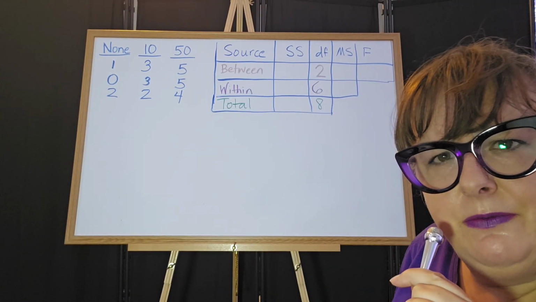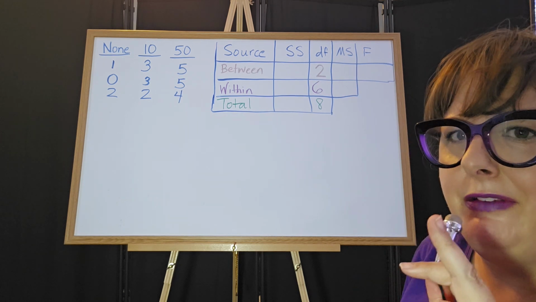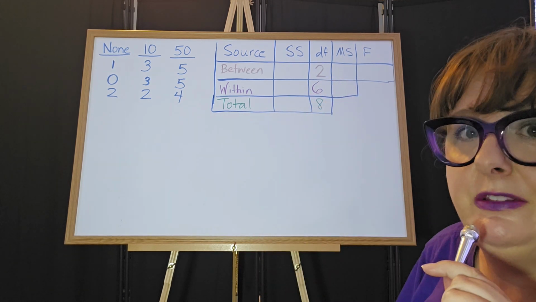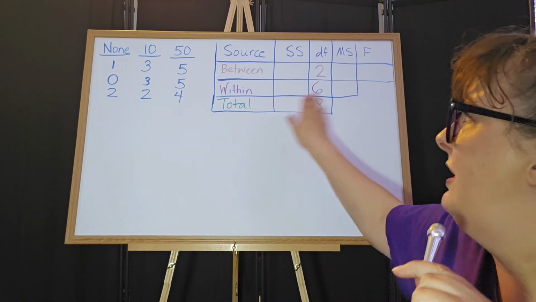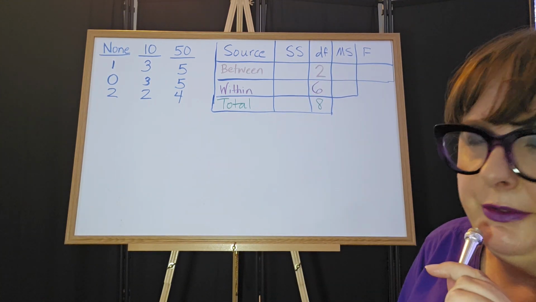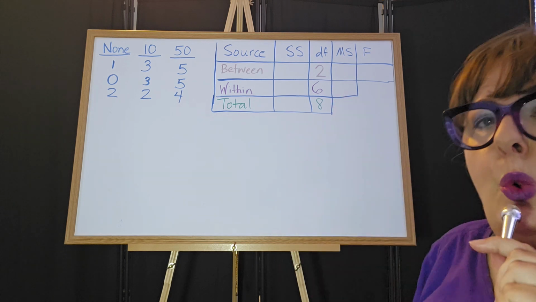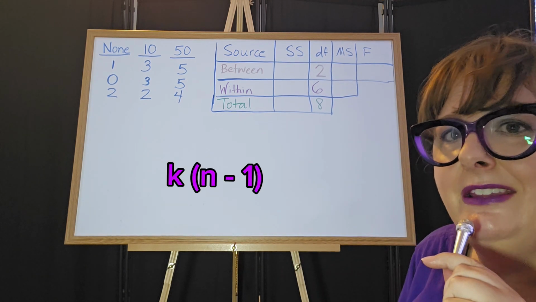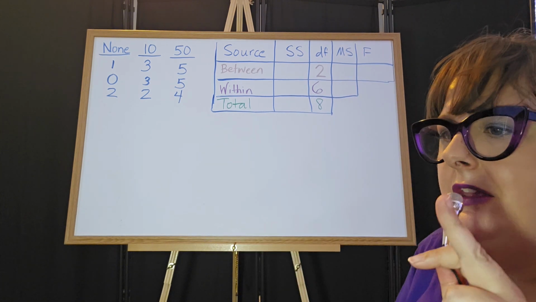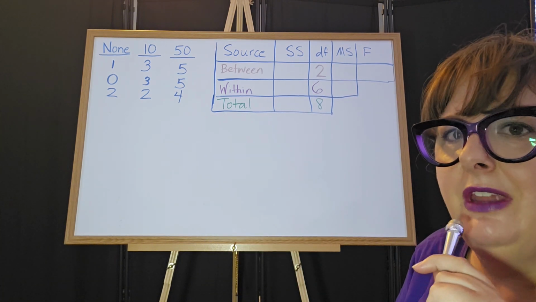What do we need this degrees of freedom for? When we report our F statistic, we are actually going to need to report the between and within degrees of freedom. So these are going to be important not just for computing other parts, but for reporting your actual F statistic result. All right, now within. Within is K times (n minus 1), lowercase n, so the number within each group.